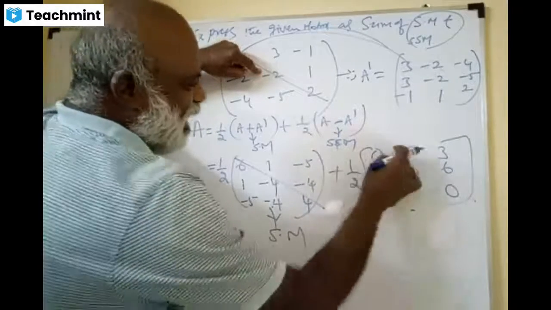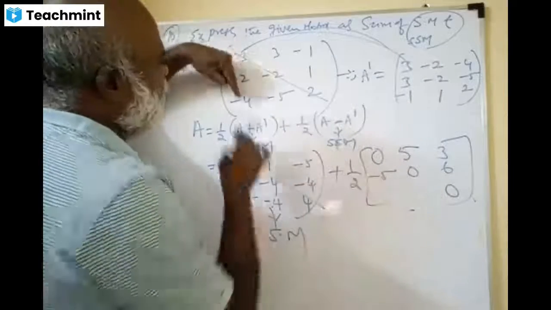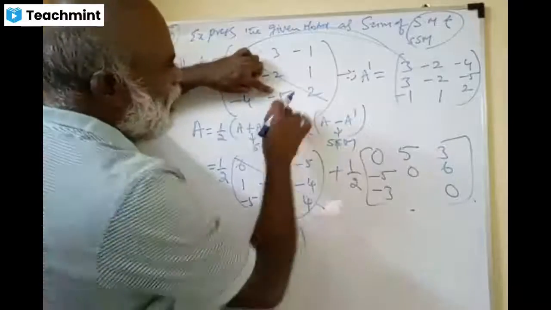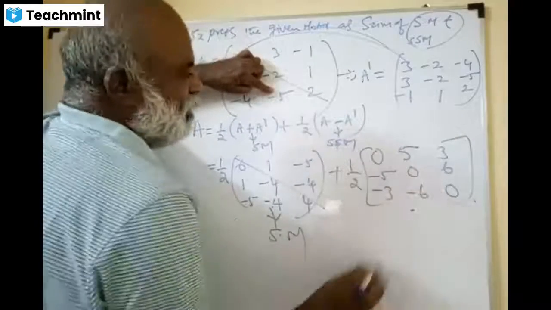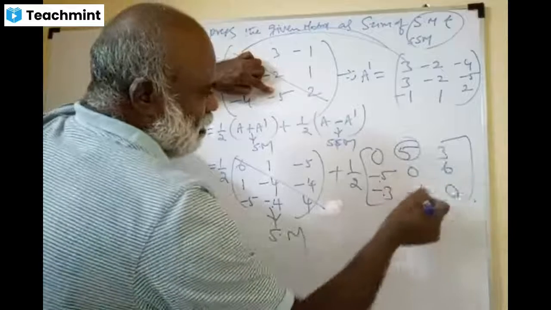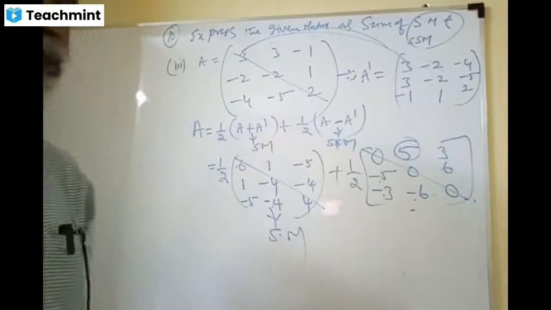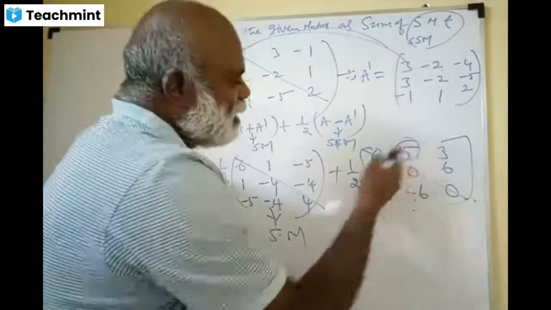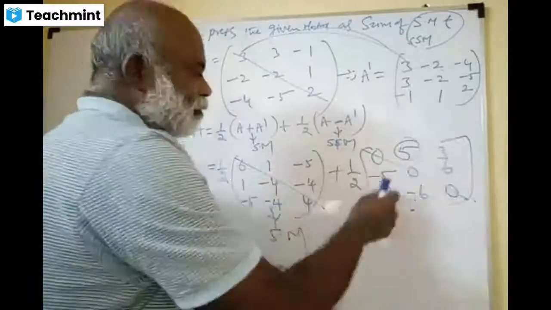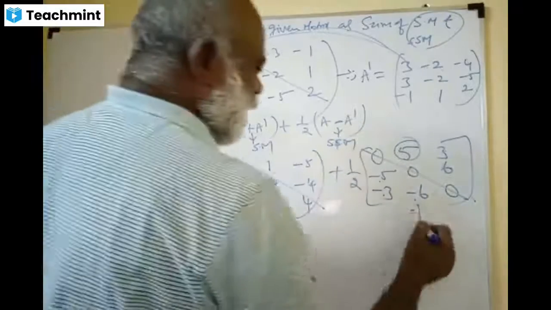Next, minus 4 plus 1 is minus 3, minus 5 minus 1 is minus 6. All the diagonal elements are zeros. Clear? This is skew symmetric.